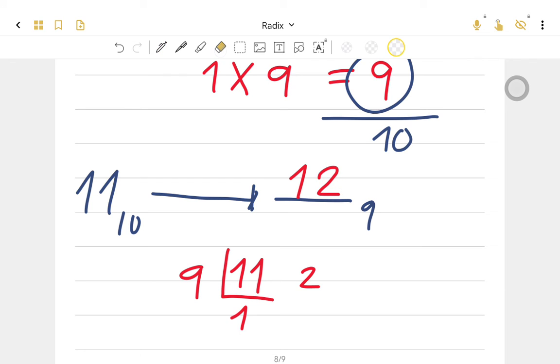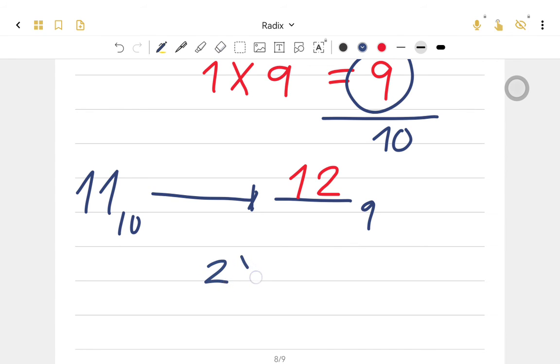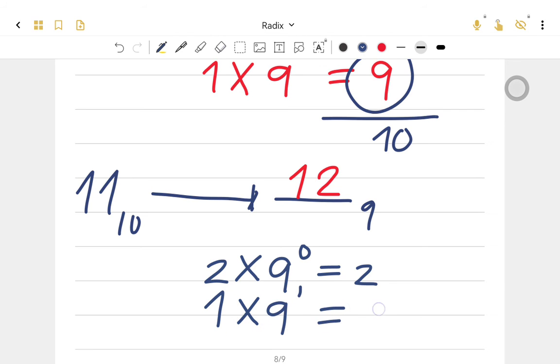The same process on how to check whether our answer is correct. We have here 2 times 9 to the power of 0 equals 2, and then 1 times 9 to the power of 1, that is 9.